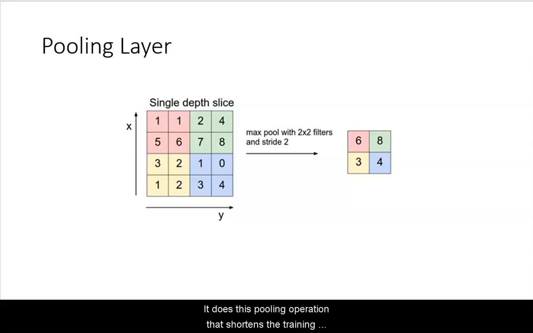It is this pooling operation that shortens the training time and controls overfitting. As I have mentioned, there are different types of pooling, but the most common type is called max pooling.